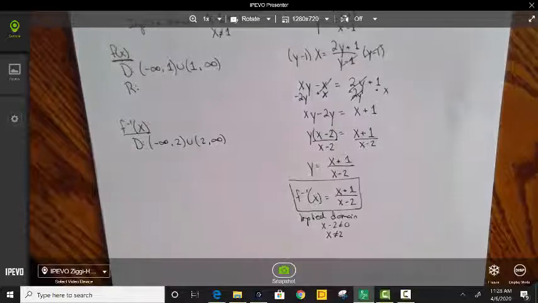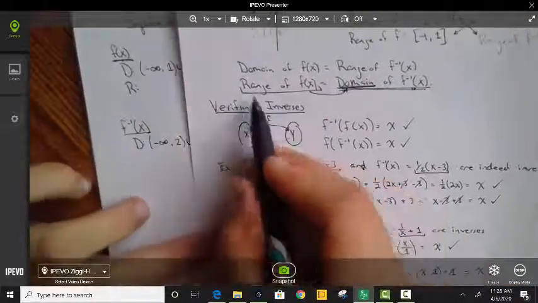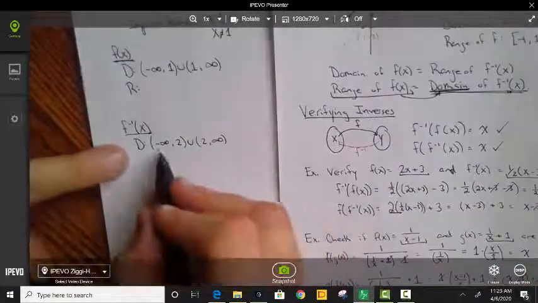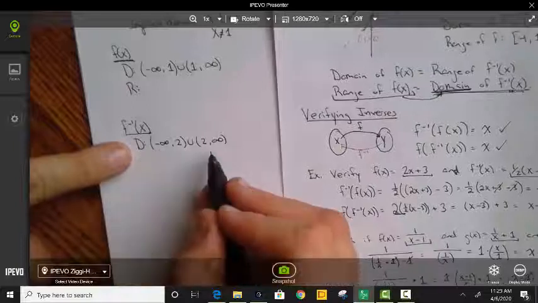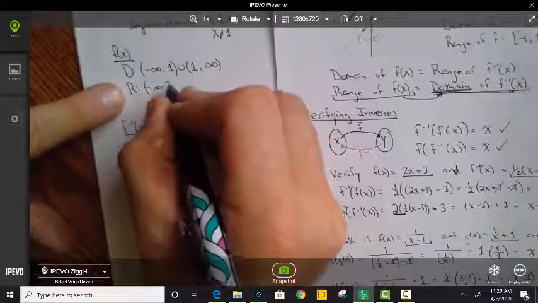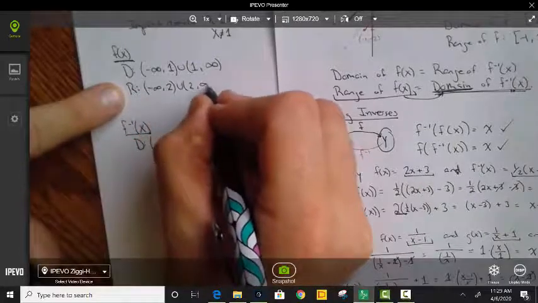And then once again, we're going to go back to this right here. The range of the original function is equal to the domain of the inverse function. So since the domain of the inverse function is negative infinity to 2, 2 to infinity, that means that the range of the original function is negative infinity to 2, 2 to infinity.